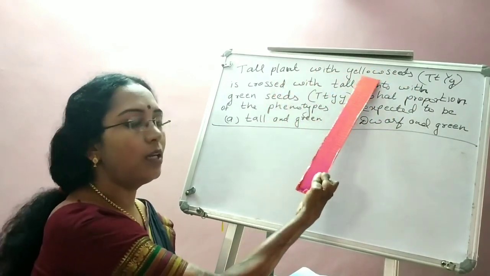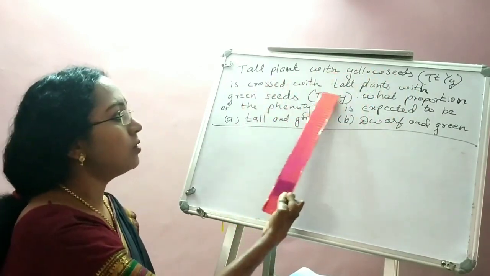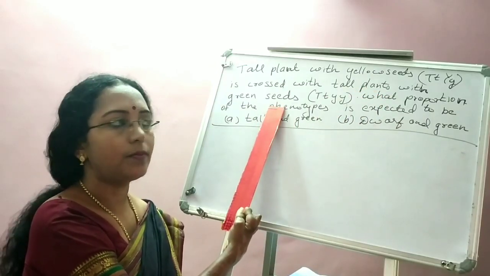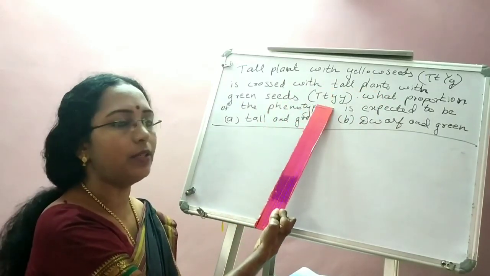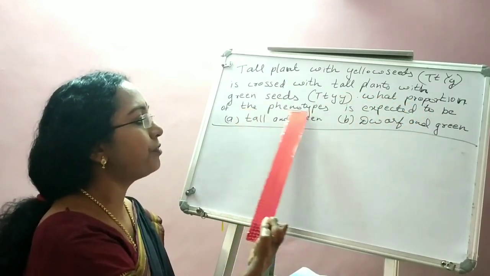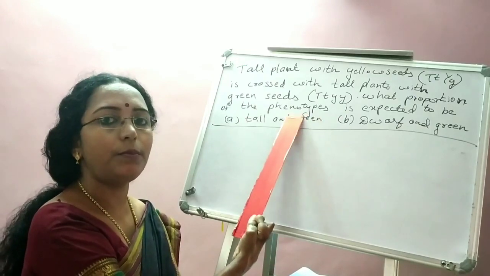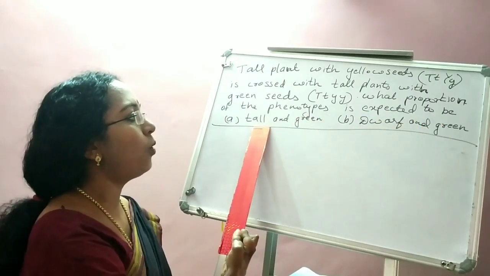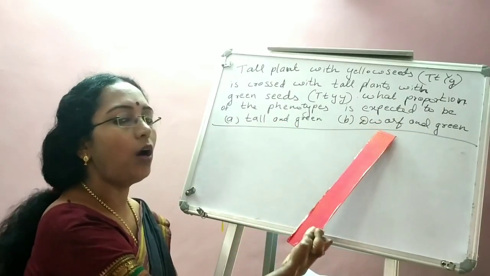Tall plant with yellow seed is crossed with tall plant with green seed. Both phenotype and genotypes are given. What is the question? What proportion of the phenotype, we have to determine only the phenotype, is expected to be tall and green, dwarf and green?